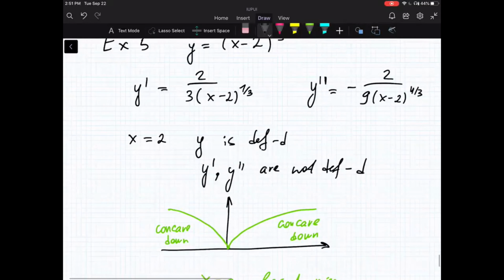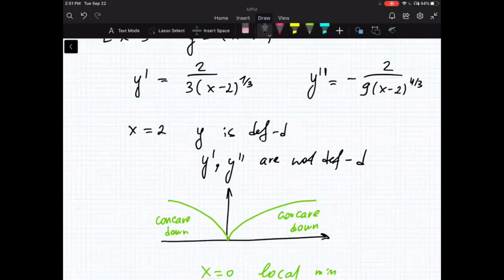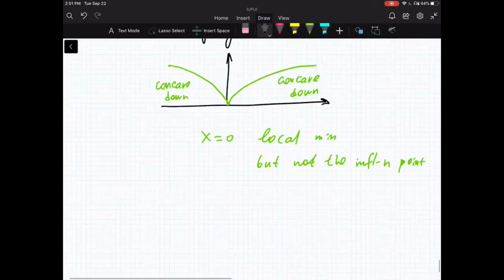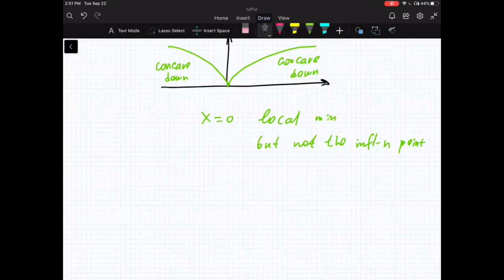So this example shows you that even though the second derivative at this point is not defined, it could be an inflection point, but no. Points where the second derivative is not defined or is 0 give you the points where you can have an inflection point, but not necessarily have one.